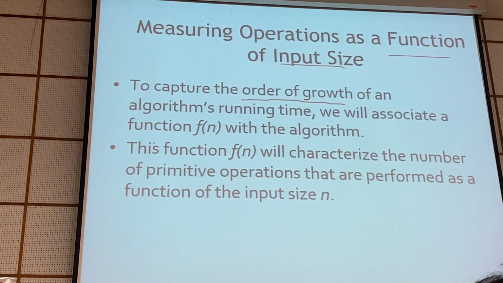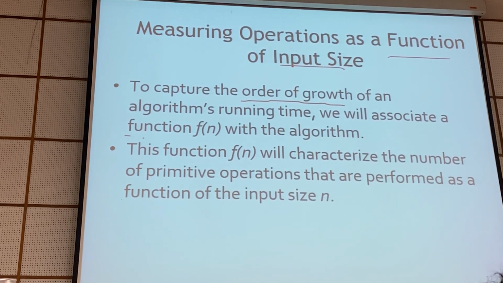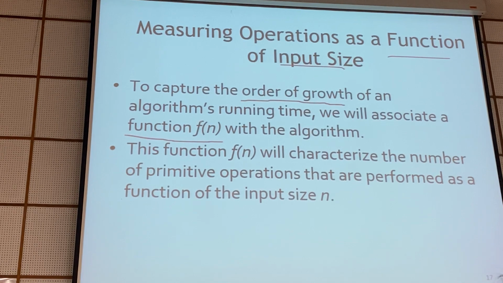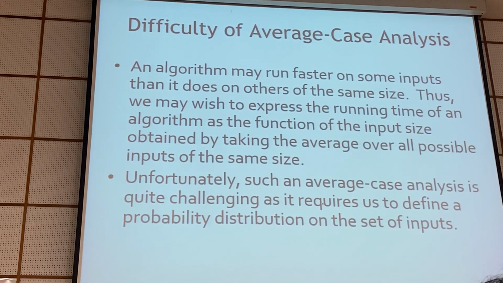Now, to capture the order of growth of an algorithm's running time, we will associate a function called f(n). N is the input size. So now average. Remember just now I talked about finding the word apple and then finding the word zipper.